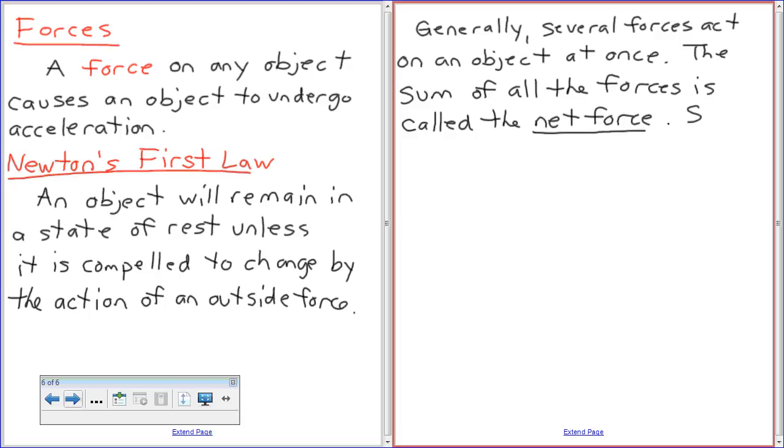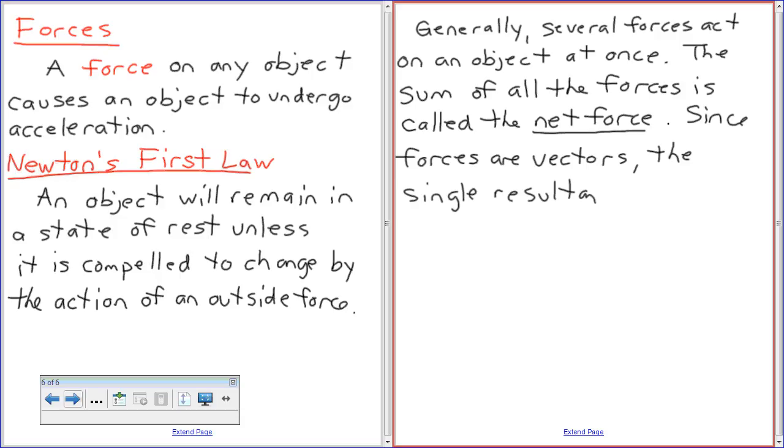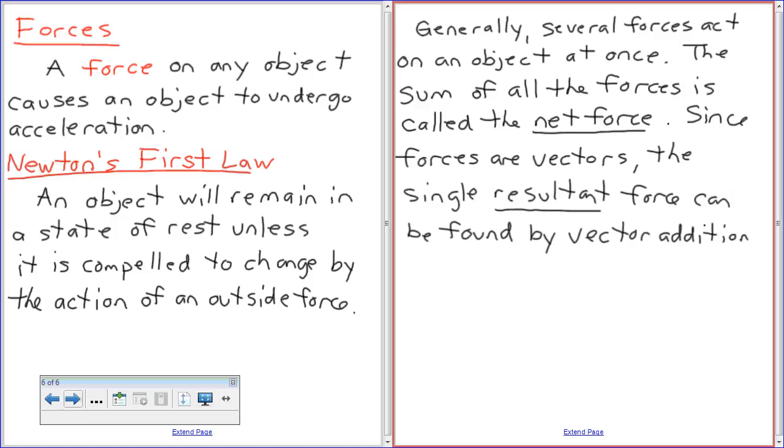Since all forces are vectors, the single resultant force can be found by vector addition. If there is no acceleration, the forces are in equilibrium.